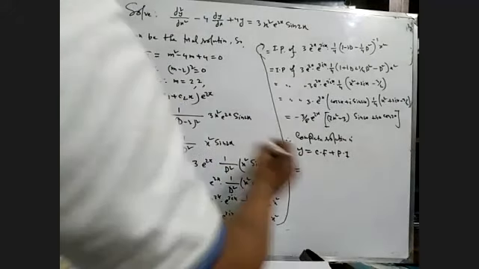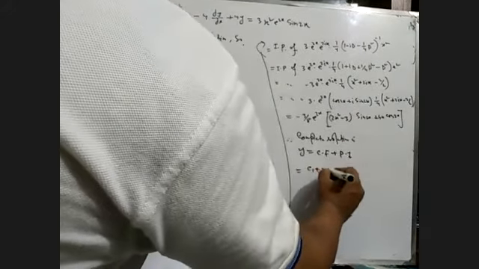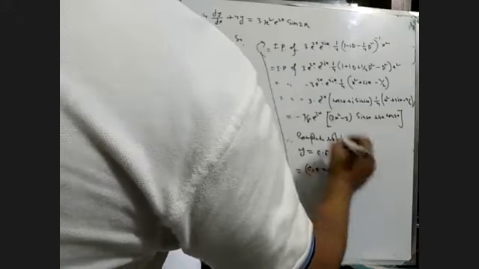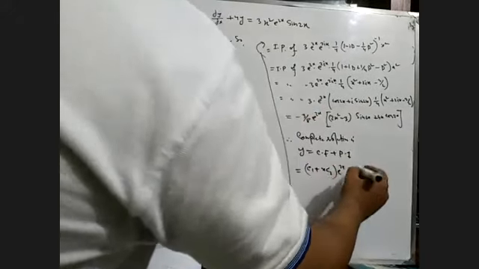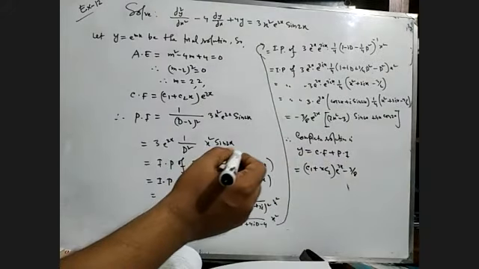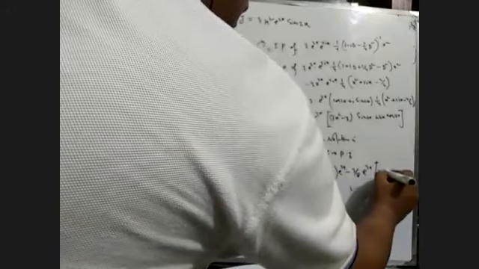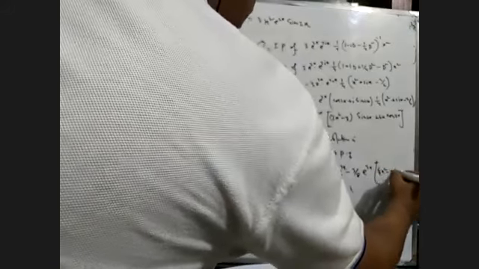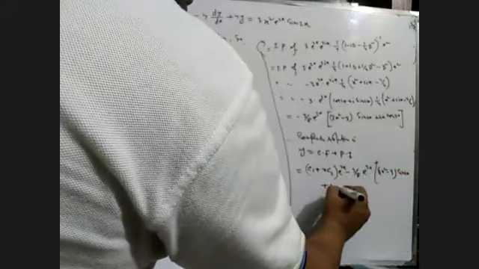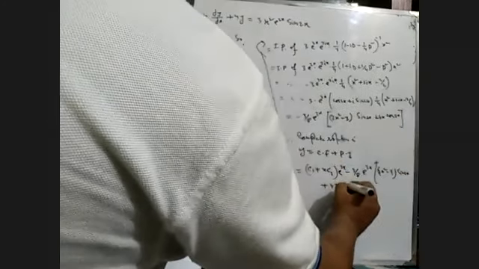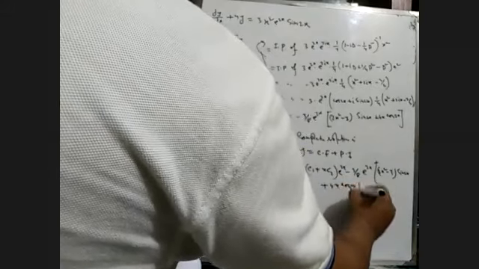The complementary function is (c1 plus x c2) e to the power twice x, and this is the complementary function, minus 3 by 8 e to the power twice x, this is minus 3 sin twice x plus 4x plus 2. This is the result.